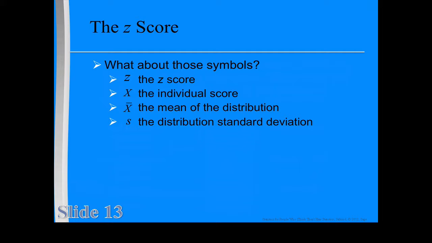When reading this equation in common English, one would say z equals the value of an observation minus the mean of the sample from which it was drawn, divided by the standard deviation of the sample from which it was drawn. Straightforward enough.